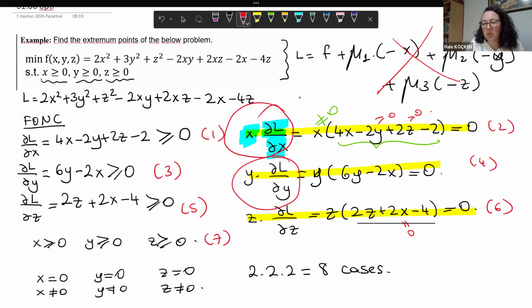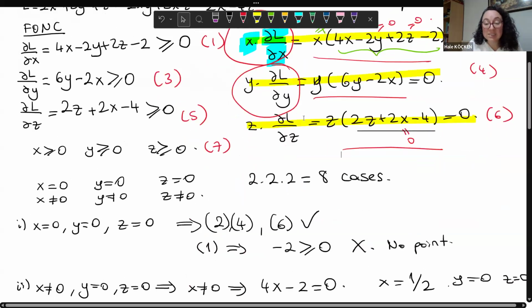Maybe you can use some methods that solve nonlinear equation systems, because these will be nonlinear, as you see. But it's hard for us. For our class, all you need to do is analyze these first order necessary conditions to find candidates by focusing on the complementary solutions.